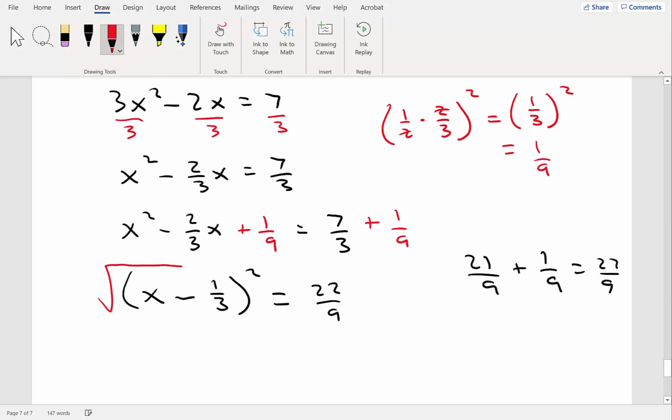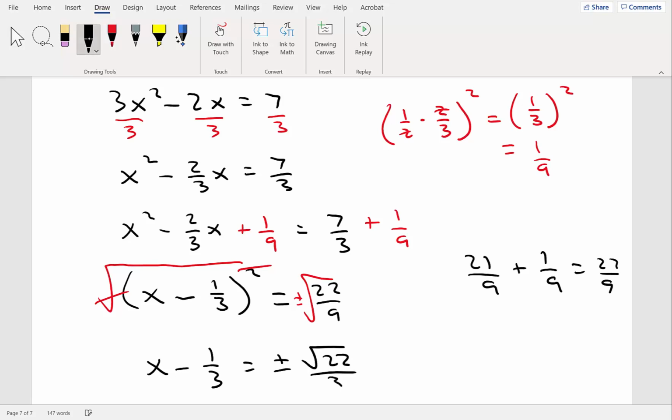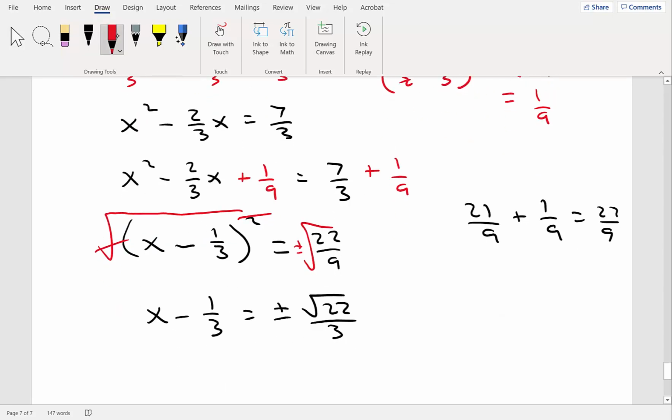Almost finished. Go ahead, take the square root of both sides. Don't forget your plus or minus because we're getting two solutions here. So I have x minus 1/3 is equal to plus or minus square root of 22 over 3. So take the square root of the top number, take the square root of the bottom number. And now let's add 1/3 to both sides of the equation to get x by itself.